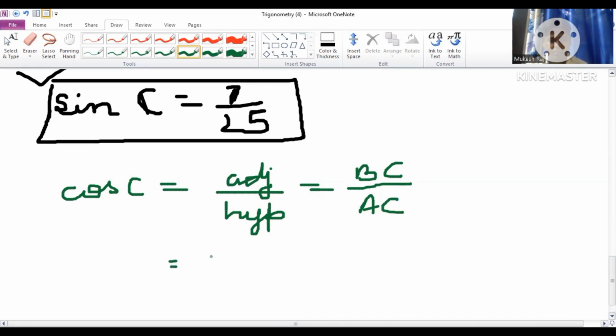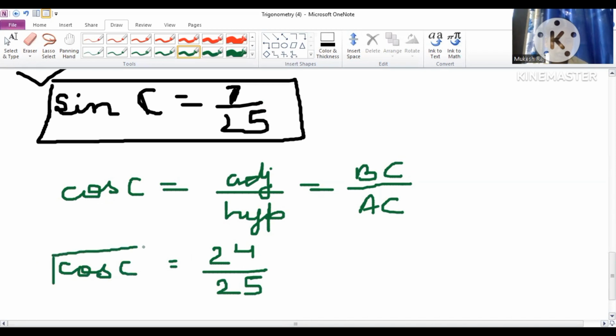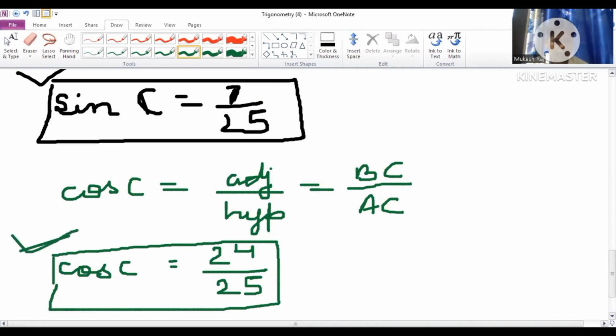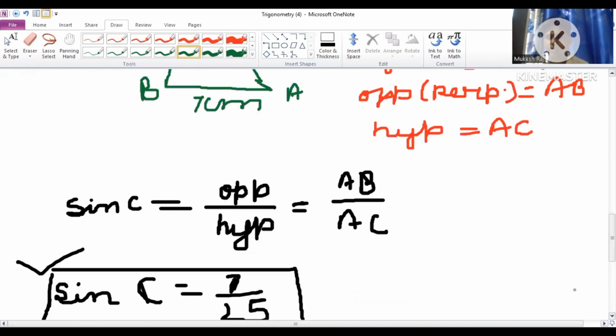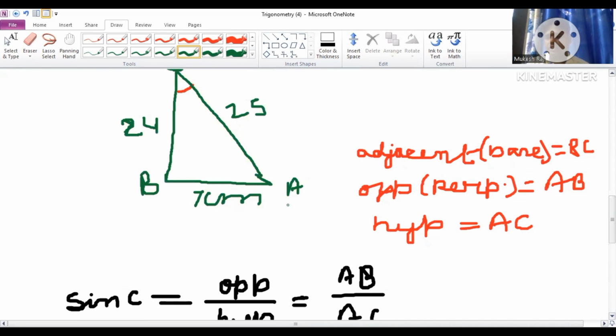Putting in the values, BC is equal to 24 and hypotenuse is 25. So we get the value of cos of the angle C. So by this calculation, we have reached the value of sine and cos for the angle C.